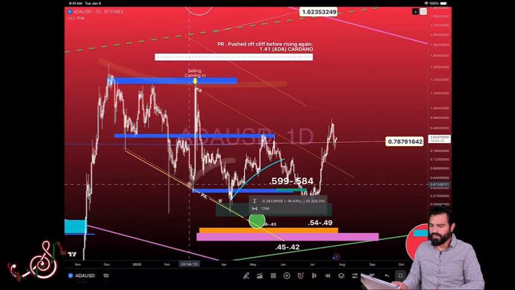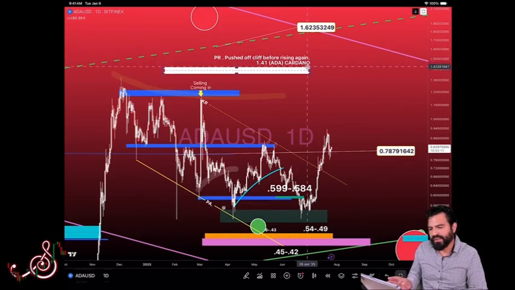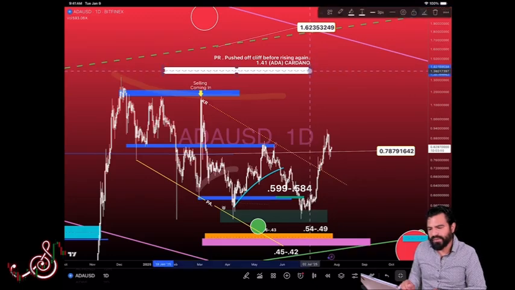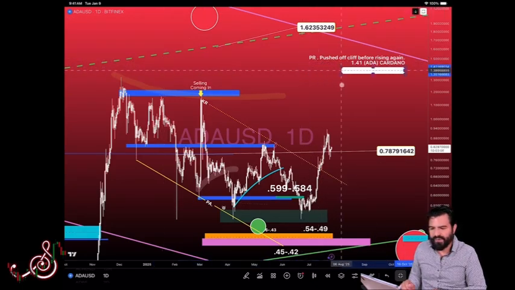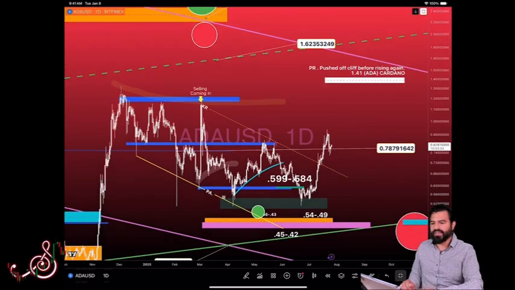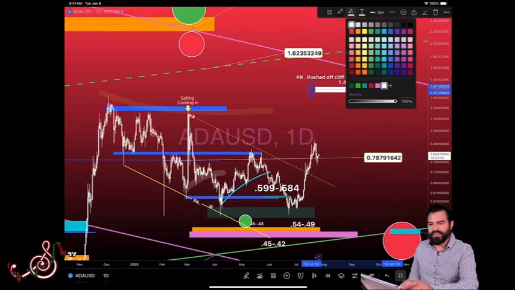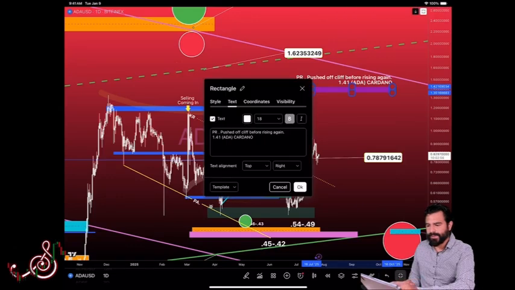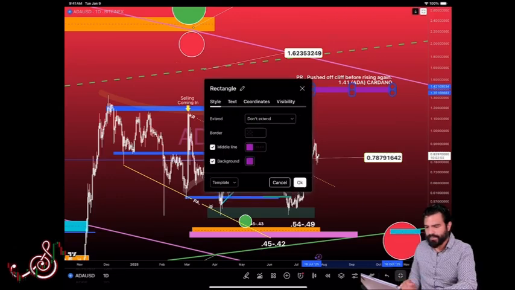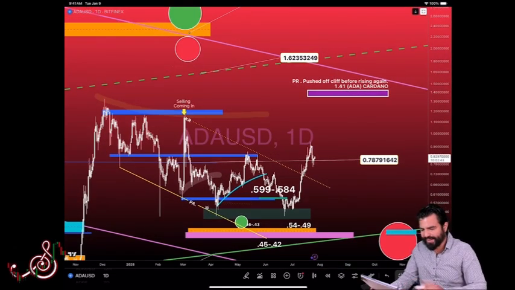Okay. Prophet Robin pushed off a cliff before rising again, $141.88 looks like. PR. I would have probably put that for Prophet Robin. Maybe that's what he said. I usually like to put these in that purple color. Let's give it a border. All right, so this was already hit.